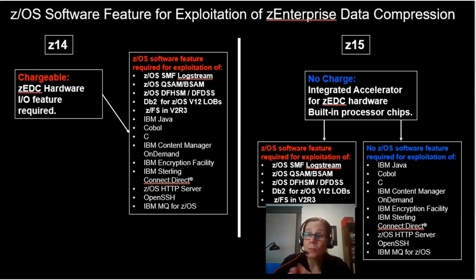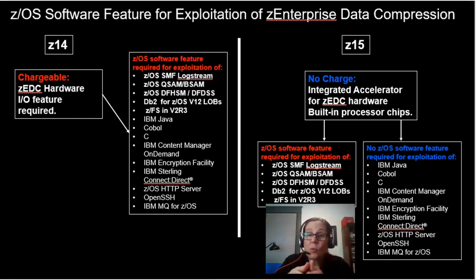Well, it turns out to be which API they're using. So if they're using the synchronous zlib API, and those are the ones on the right, that is no charge, meaning that you don't have to have the z/OS priced feature for zEDC to use that compression capability that you see on the right. However, we do have some exploiters of the asynchronous authorized usage APIs for that accelerator, and those are the ones that you will still continue to need to pay for with the z/OS zEDC priced feature.